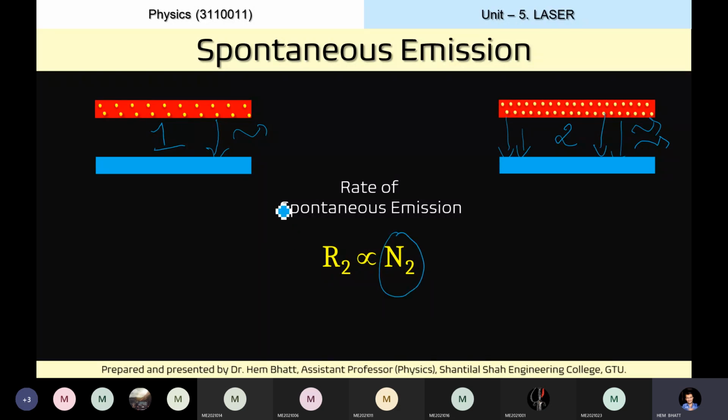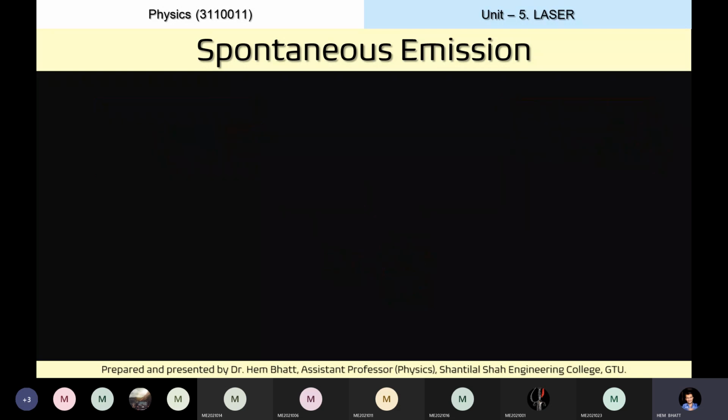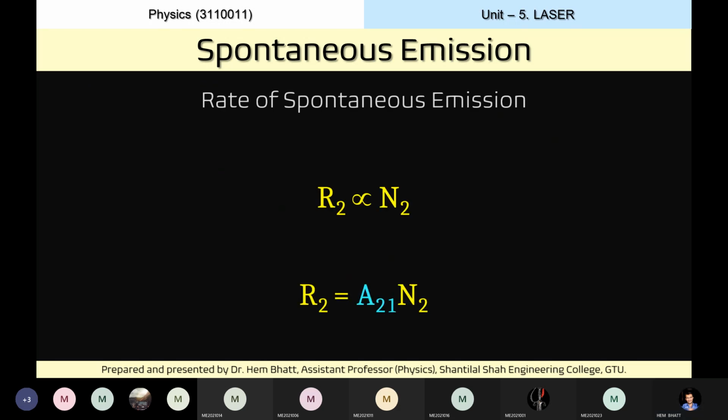What is N2? Number of electrons in the excited state. Now spontaneous emission does not depend on anything else, so we only have to take out the constant. So the rate of spontaneous emission can be given as R2 equals A21 times N2.